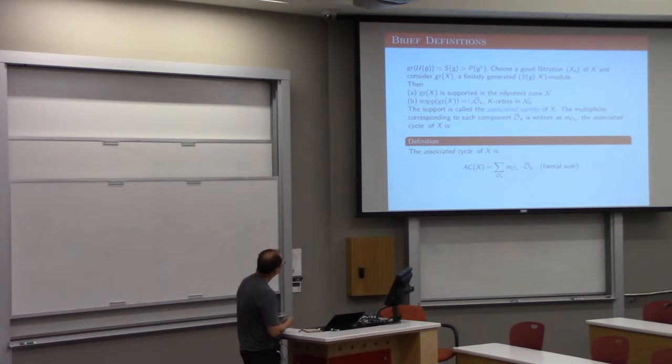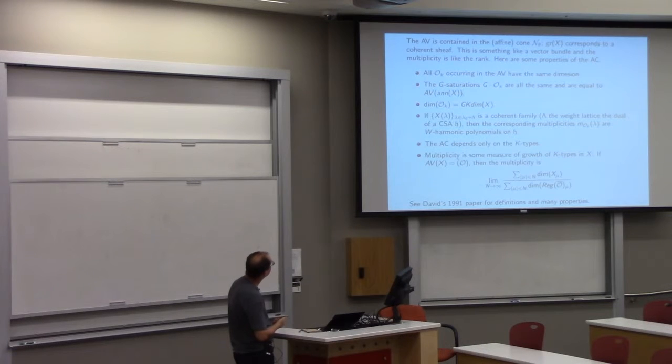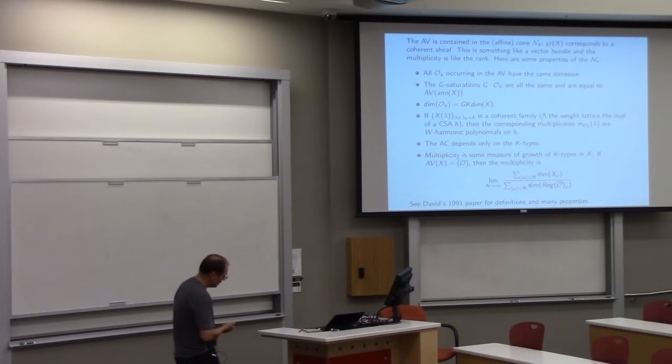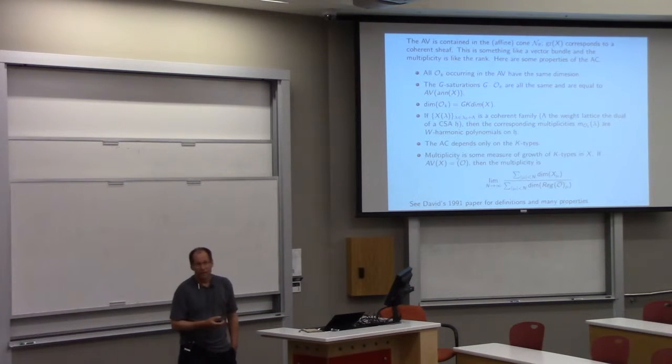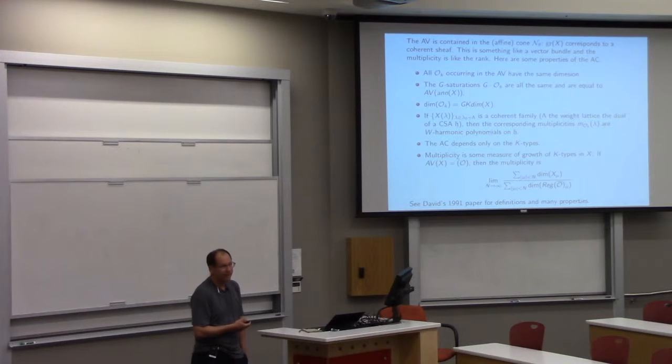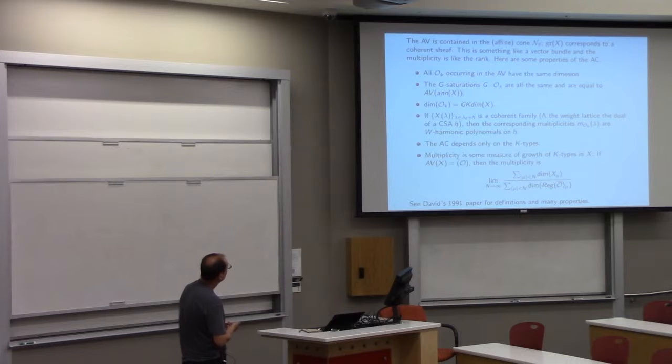Okay, so that's the associated variety, and then the associated cycle is a multiplicity that goes with each. Here I'm saying that gr corresponds to a coherent sheaf, which is something like a vector bundle, and the multiplicity is something like the rank of the vector bundle. So that's maybe a little bit of intuition.